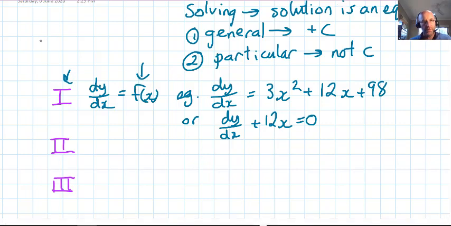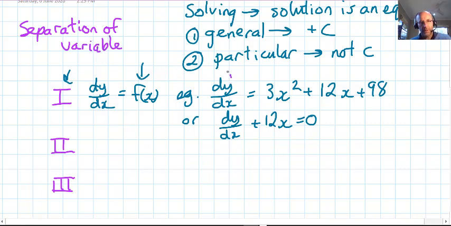Now there's a process called separation of variables, and that's where we get the differentials and split them apart, so they end up on opposite sides of the equation.